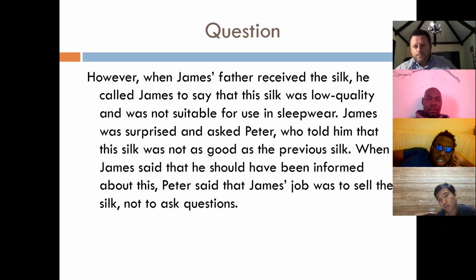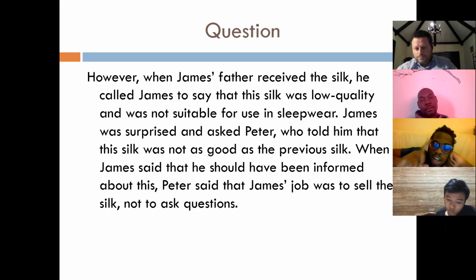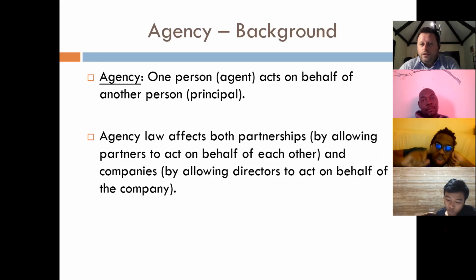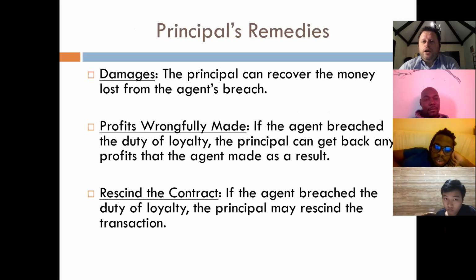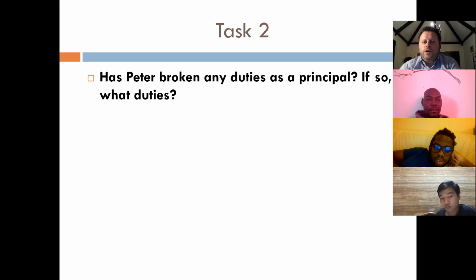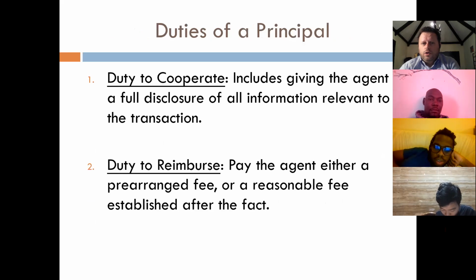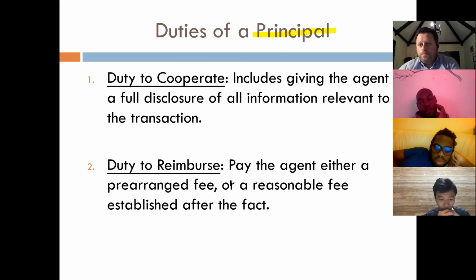In order to sell, I must know more about the product. So what is this actually called? When you hide information, you're not supposed to. So this would be a duty of the principal. The principal, Peter, also has duties, and I think he's broken both of them.